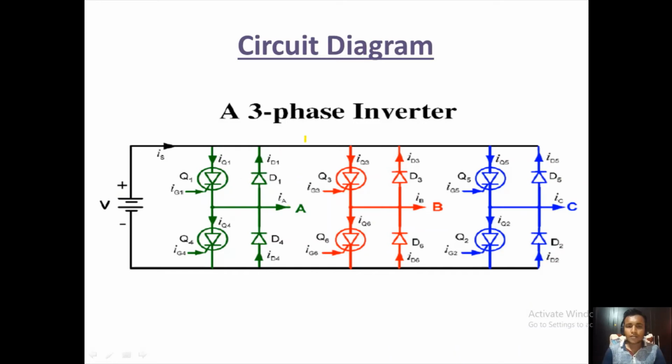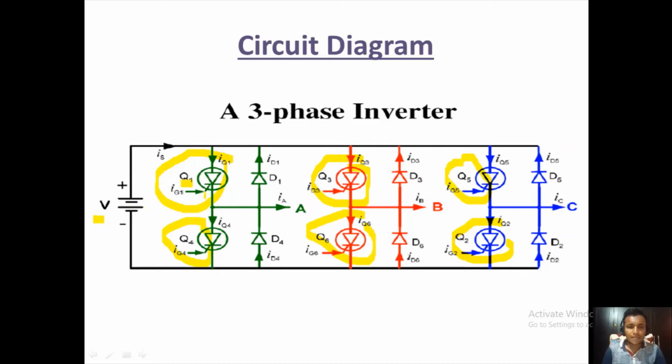For obtaining a three-phase AC supply from a given DC battery, we will use 6 thyristors. Here we can use thyristors, that means SCR, silicon controlled rectifiers, that is Q1, Q2, Q3, Q4, Q5 and Q6.